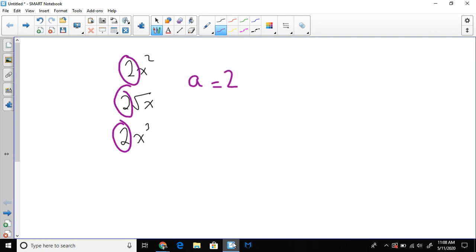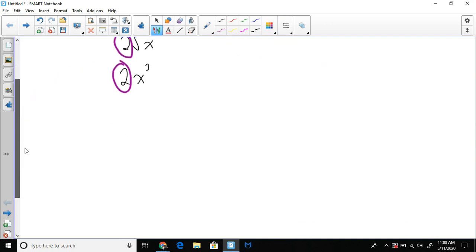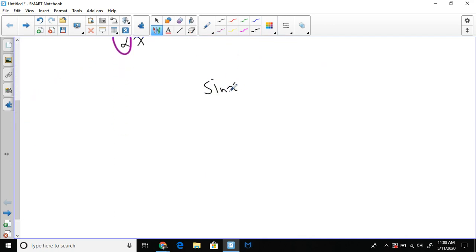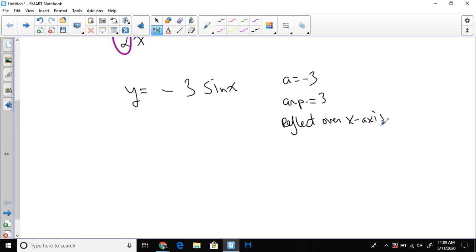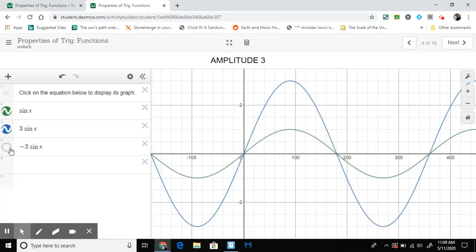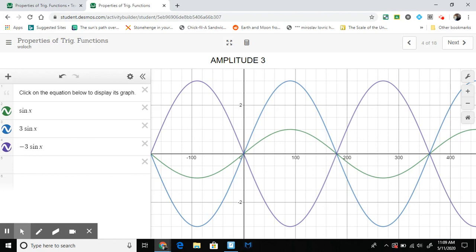If I go over that again, if I have this graph here, a is -3, so my amplitude is still 3, it's positive, but this one is reflected over the x-axis. So that's why when we look at the graph, if I click on it, it's just the reflection of the blue.